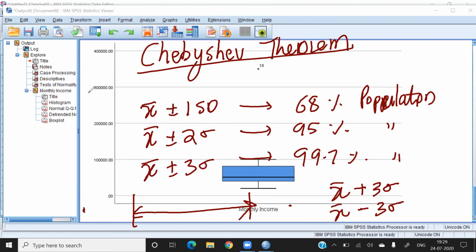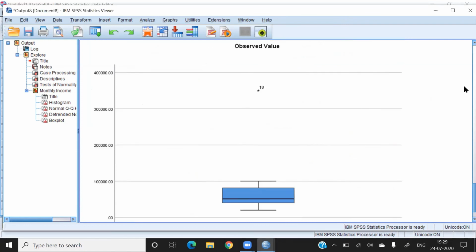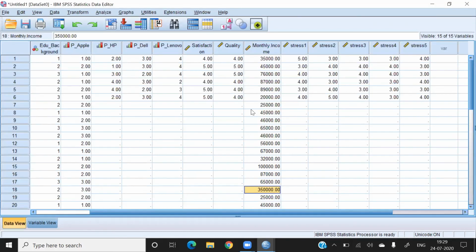This is the logic of finding outliers in SPSS according to the Chebyshev theorem. Any value lying beyond the mean plus minus 3 standard deviations is considered an outlier. So you have to find the outliers and treat them carefully if you really want to make your data set or variables normal, right? So this is the concept which I wanted to explain today.